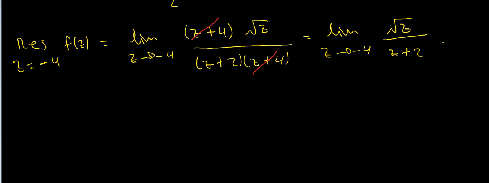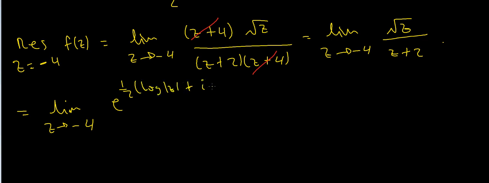So what do I do now? I'm going to use my definition of root z for complex variable z, and that's equal to the limit as z approaches minus 4 of e to the power 1/2 complex log of z, which is just a log of the modulus of z plus i times the argument of z, all divided by z plus 2.